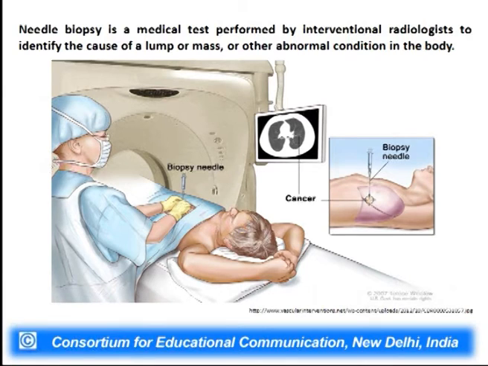We can see over here a lump from the liver or lungs being taken out, with the insertion done with the help of the imaging procedure, so that the insertion into that suspicious area is done correctly, and the relevant and adequate amount of cells can be extracted for further analysis.